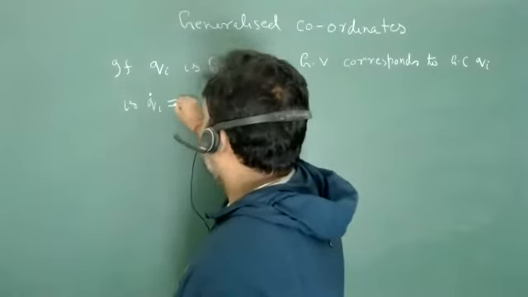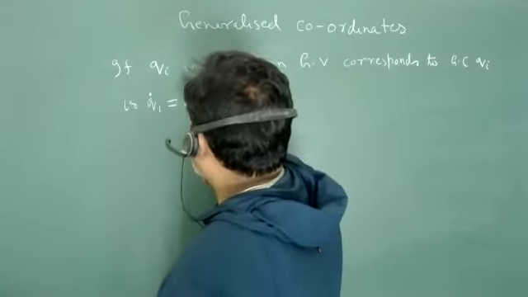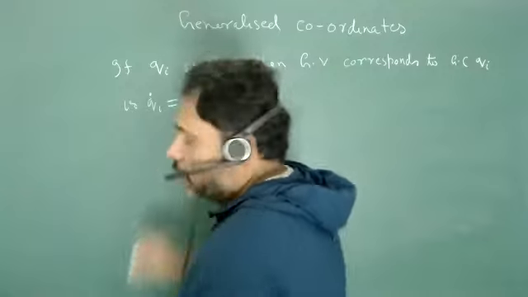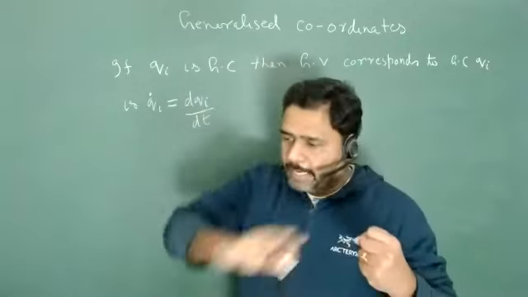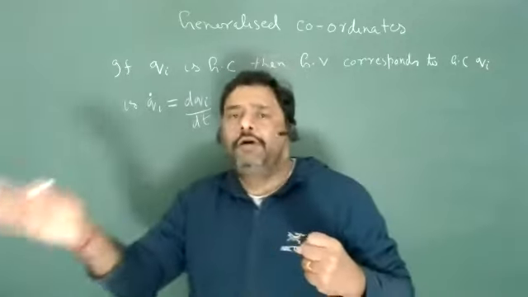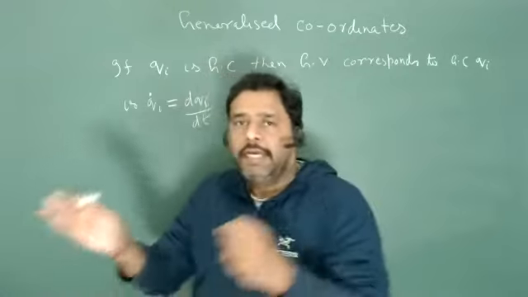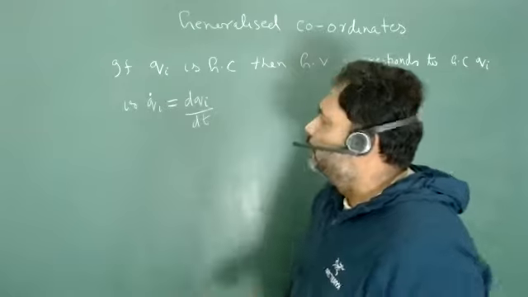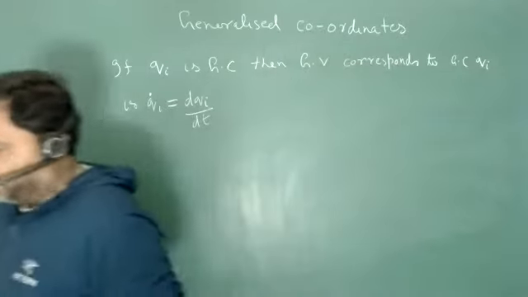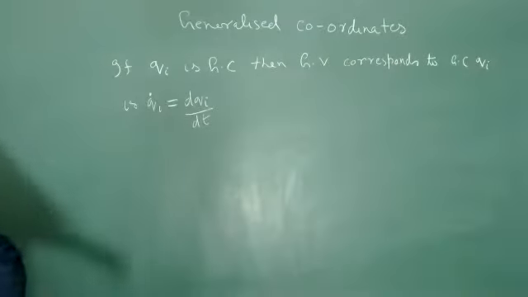And what is this qi dot? It is nothing but dqi upon dt. So the word conjugate is very important. You have a generalized coordinate, and that conjugate, that corresponds, you have one velocity, and that velocity is identified as qi dot, and this is nothing but dqi upon dt. This is all about our generalized velocity.